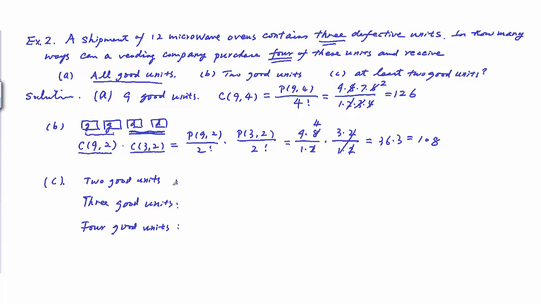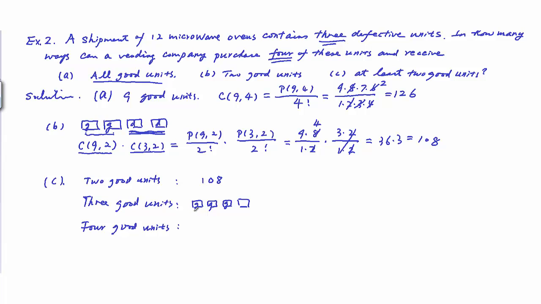The first case we already did in part B, so we know the answer will be 108. And then for this case, 3 good units, you talk about 4 spots. 3 are filled with good units.